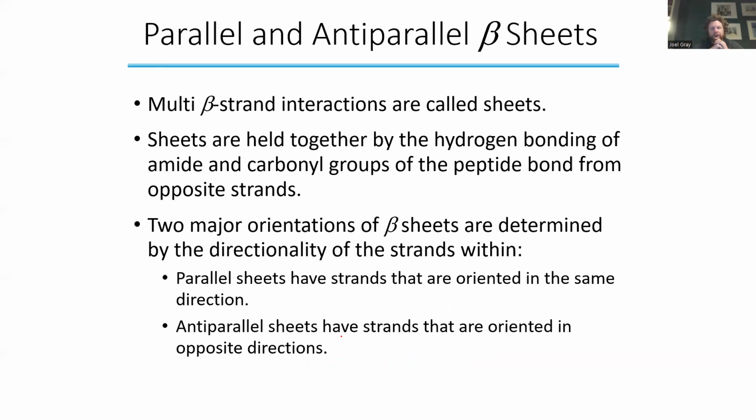Multiple beta strand interactions are called sheets. Sheets are held together by hydrogen bonding of the amide and carbonyl groups of the peptide bond from opposite strands. There are two major orientations determined by the directionality of the strands. Parallel sheets have strands oriented in the same direction. Anti-parallel sheets have strands in opposite directions.